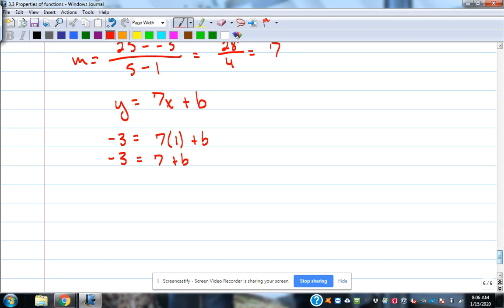Because I'm plugging in the x and the y, so I can find b. 1 goes with -3. The ordered pair was 1, -3. It'll be 7 and then subtract 7. You get -10 as our y-intercept. So our secant line is y equals 7x minus 10.